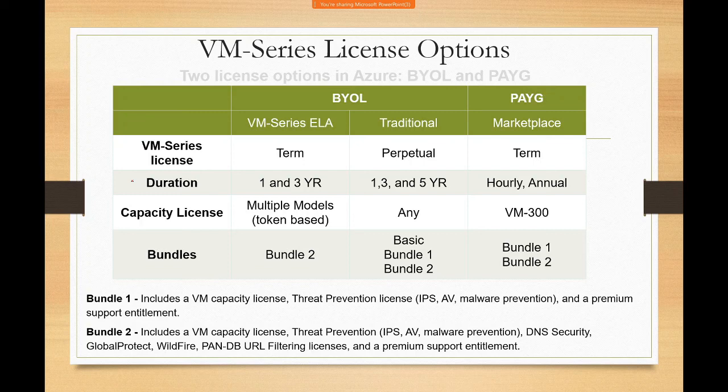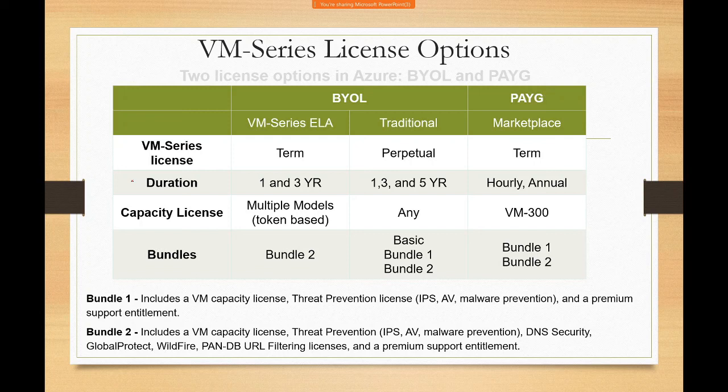As the name implies, pay as you go is for temporary purposes, and BYOL means bring your own license, which is especially for yearly basis. You can buy the license on a yearly basis, like 1 year, 3 years or 5 years. It's not mentioned in this slide, but recently Palo Alto introduced a credit basis, so you can use the credits and, on behalf of that, you can call it a BYOL license.